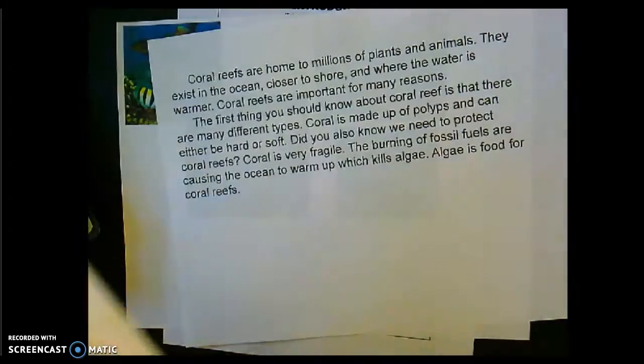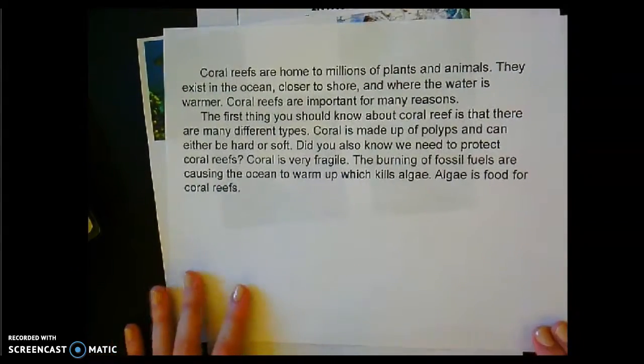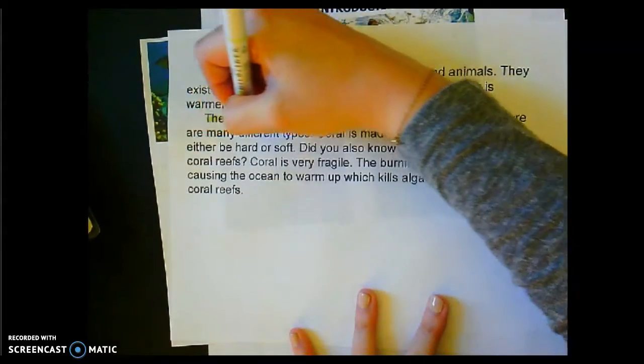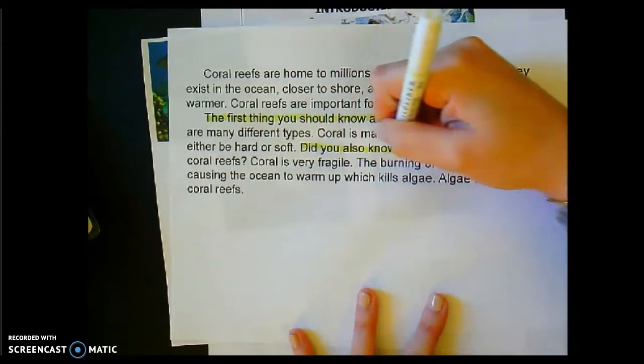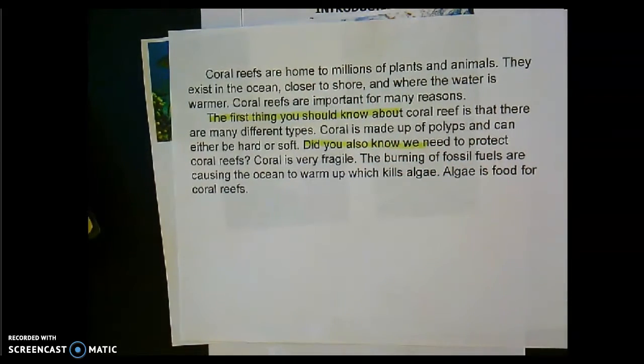You're also going to notice that I use some really cool sentence starters that you can also use. Like the first thing you should know about, or did you also know, are just some examples of sentence starters that you could use.